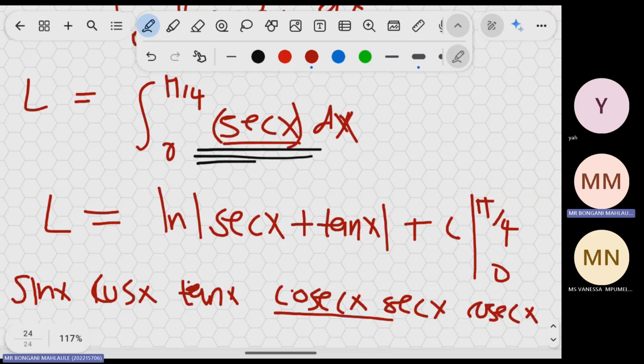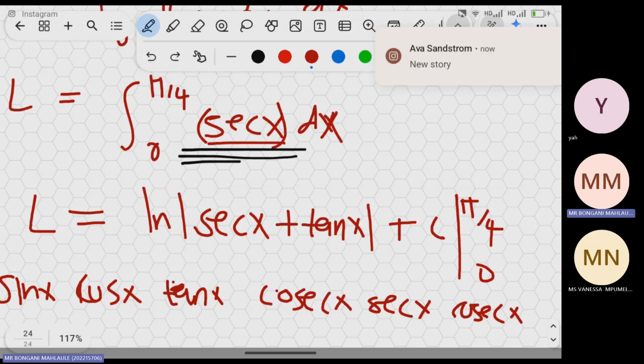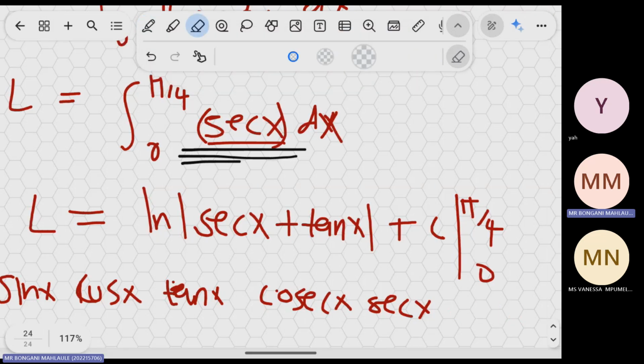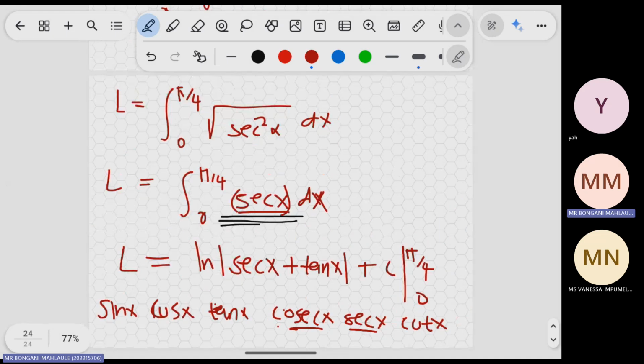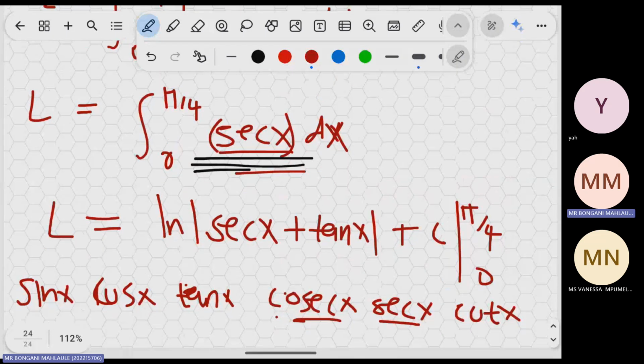To remember the integral, you must remember the derivative. The derivatives involve sine x, cosine x and the other trigonometric functions, and the last one should be cosec x, cot x.